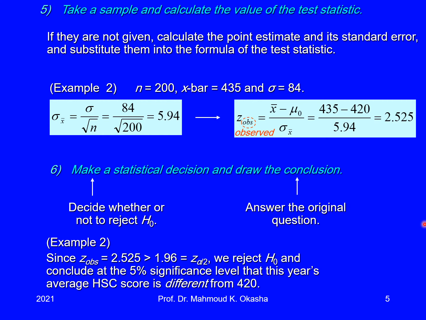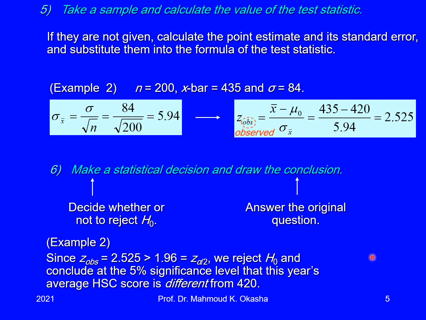The null hypothesis was mu equals 420, and the alternative hypothesis was mu not equal to 420, and the test is in favor of the alternative hypothesis, not the null hypothesis.